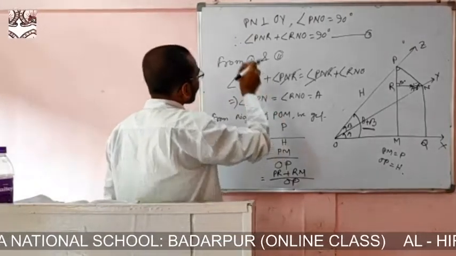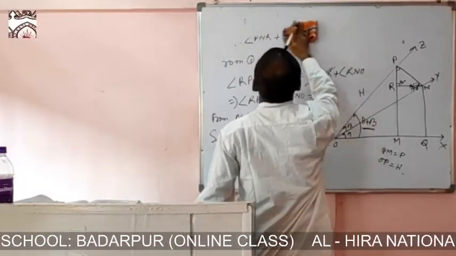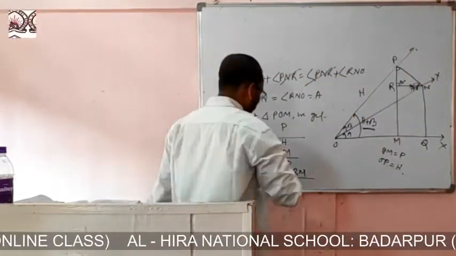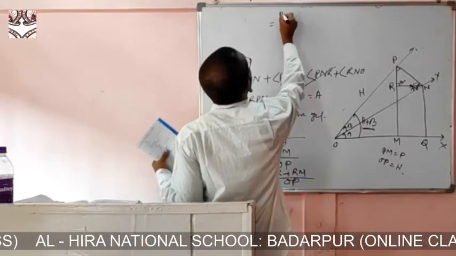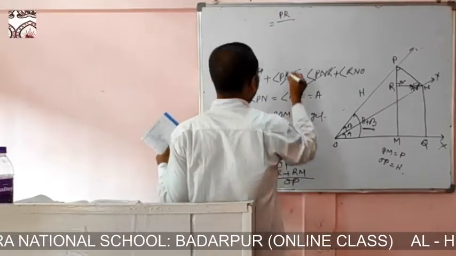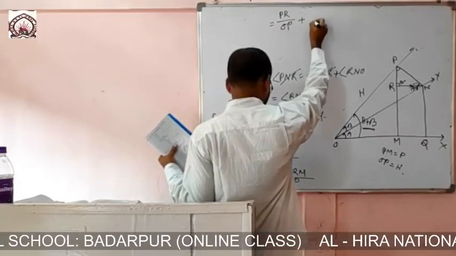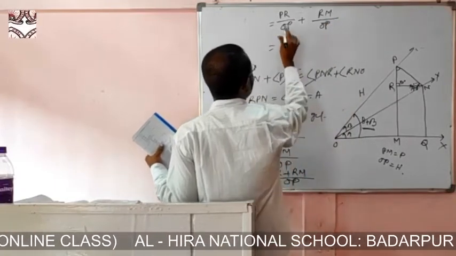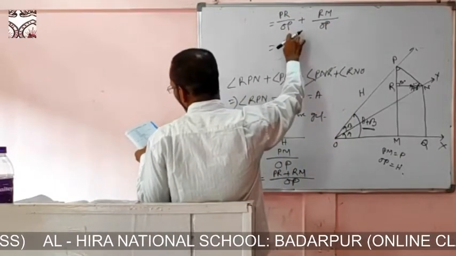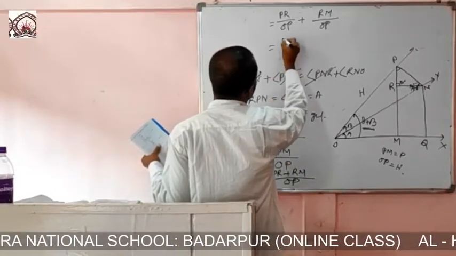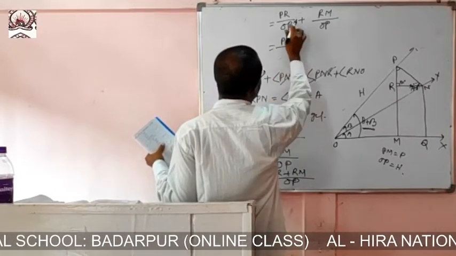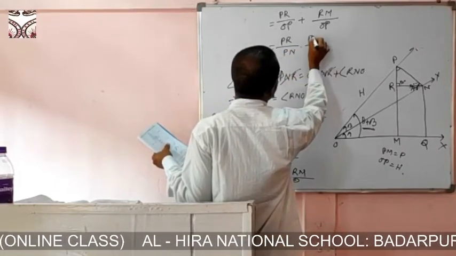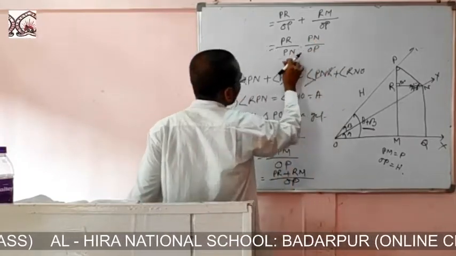Now, PR by OP plus RM by OP. For convenience, if we write PR by PN and then PN by OP, then PN cancels.